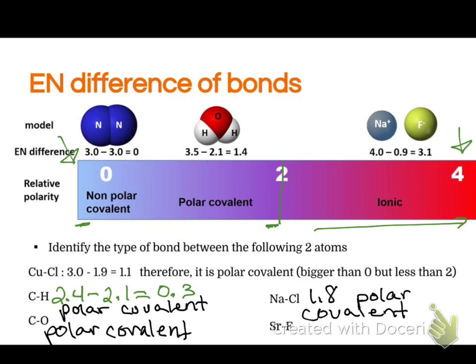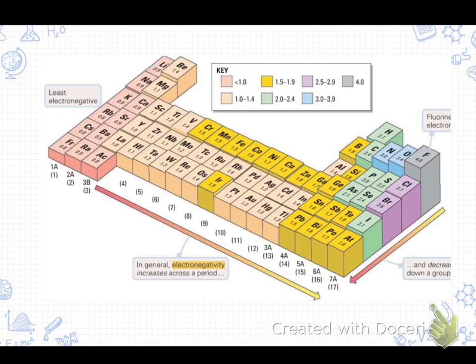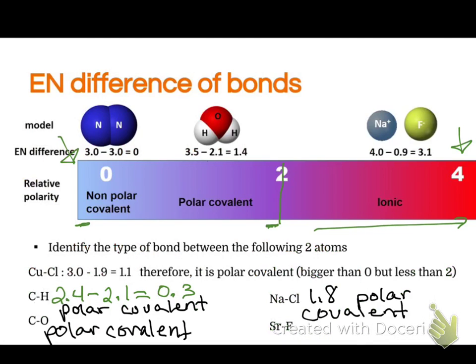And then strontium, Sr, and F, let's see here. Strontium is 0.9 and F is 4.0. F is actually the biggest on the table, so the highest value. So our difference here is 3.1, which means that this one is ionic.